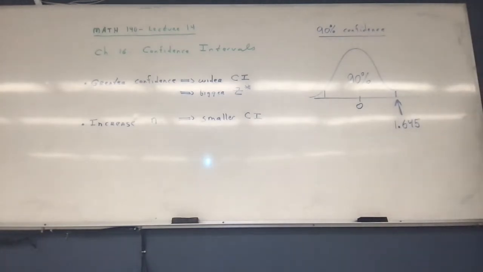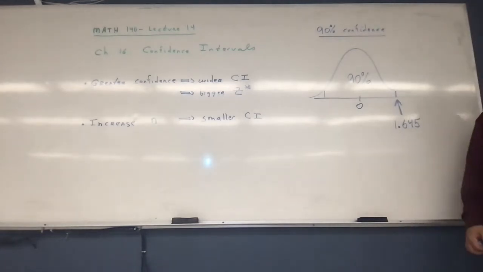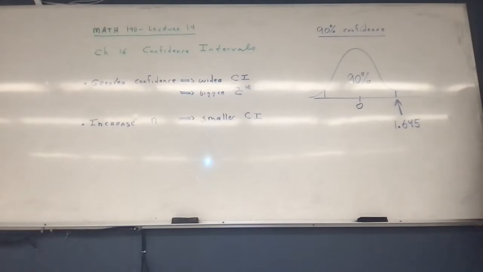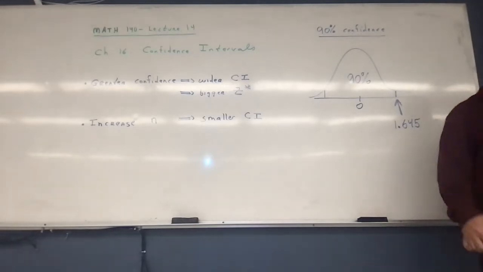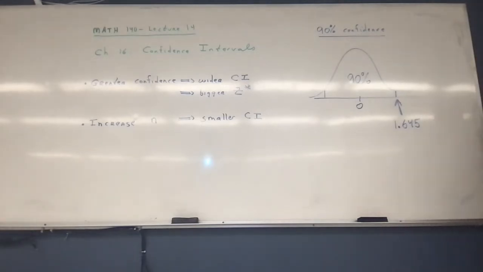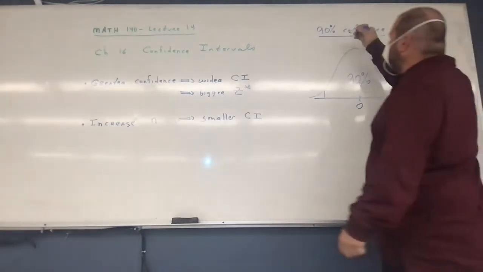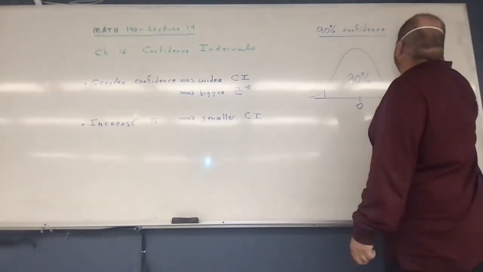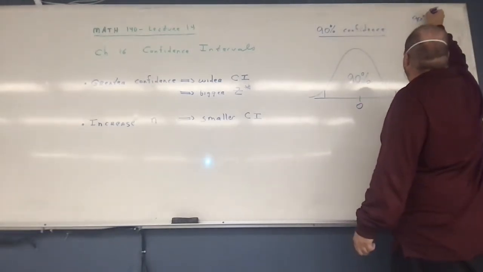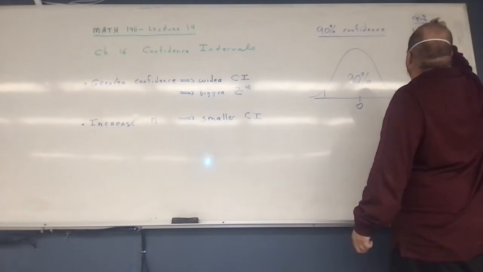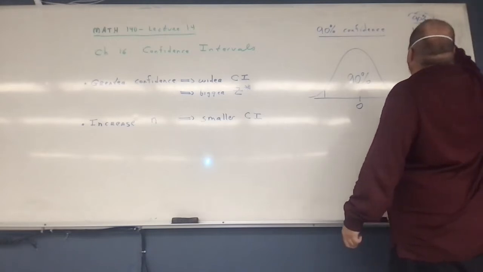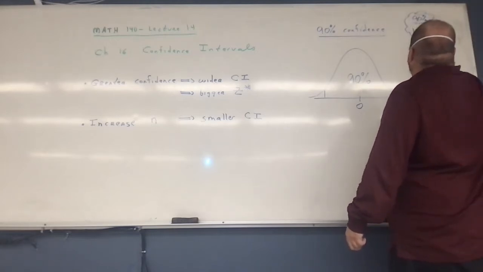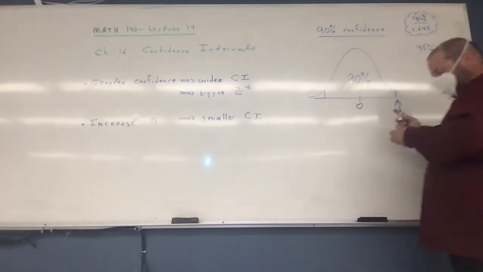So anytime in this course we ever have 90% confidence, you know Z star. What is it? 1.645. What if I want to go to 95% confidence?